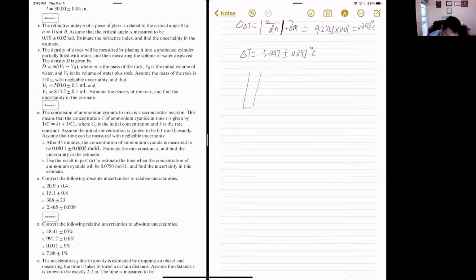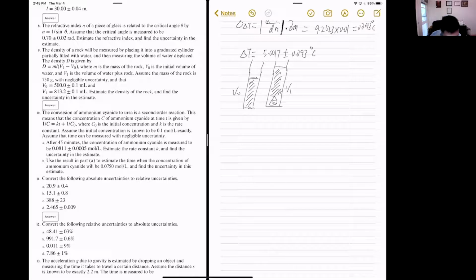So basically we do something like this. In the cylinder, we have some water, and then we put a rock into the water, and the water level becomes higher. V0 is the initial volume, and V1 is the volume of the water plus rock.